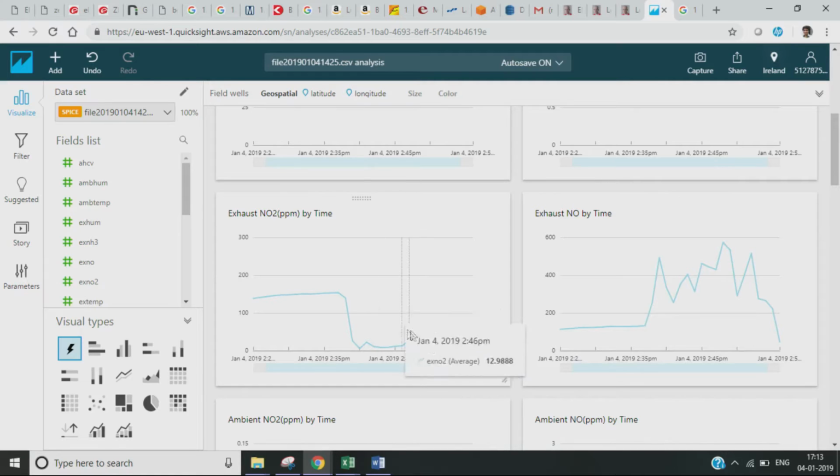And you can see there are other peaks which also seem to have come because nitric oxide seems to have oxidized quite successfully into nitrogen dioxide, giving these other peaks as well. So, that is about nitric oxide over time.